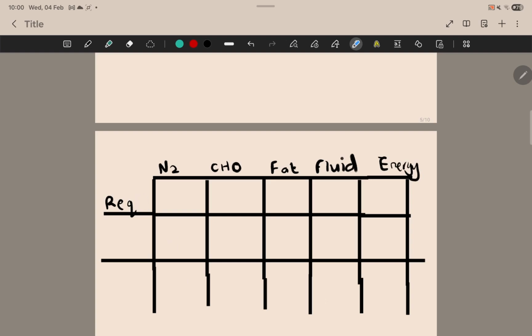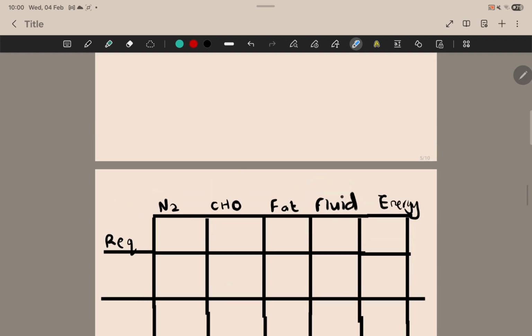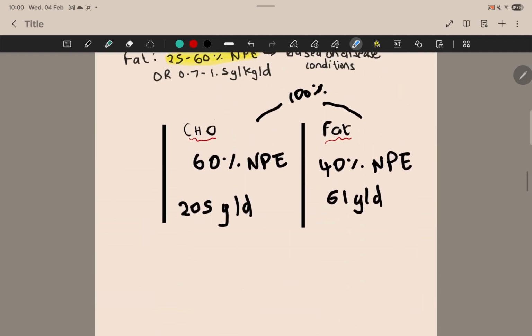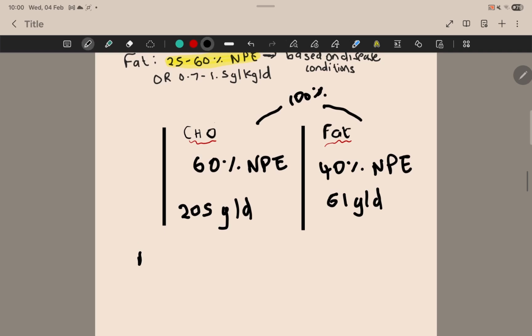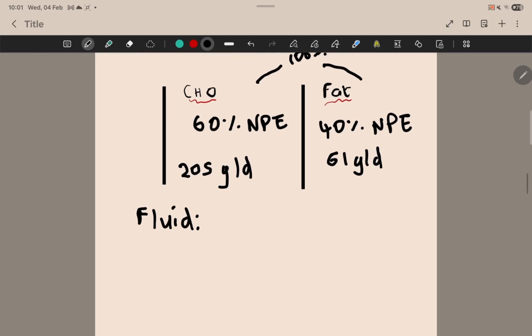In my first row, I'm going to add in all the requirements, and then we are going to add in the different bag options that I can choose from, and it's very clear which one meets my requirements, and then you can choose one from there. Something that we forgot to calculate is fluid. Fluid for TPN requirements is 20 to 40 mL per kilogram per day. So I'm going to go ahead and do that.